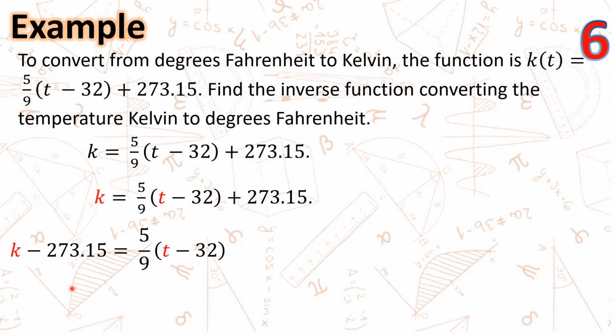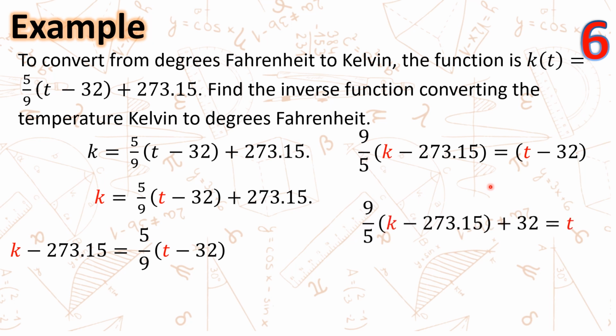To get rid of this factor, 5/9, we multiply both sides by its reciprocal, 9/5. Then we have 9/5 times the quantity K minus 273.15 equal to T minus 32. Then we can now isolate T by adding 32 to both sides.